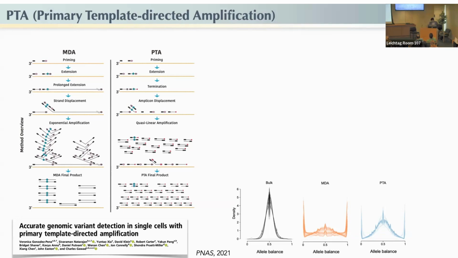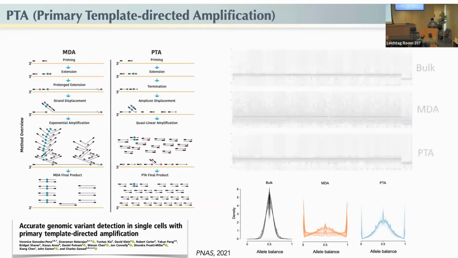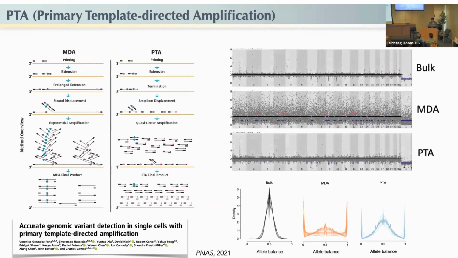And so as you can see here, bulk sequencing gives you pretty even coverage throughout the genome. A very common method called multiple displacement amplification, which we used to use, as many people did, has a lot of noise, right? Some regions of the genome are just amplified more often.